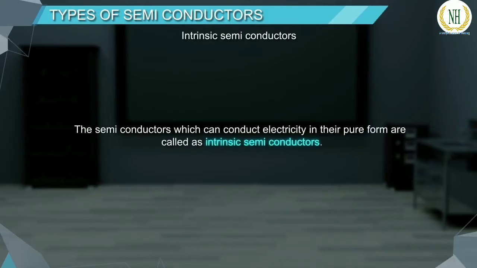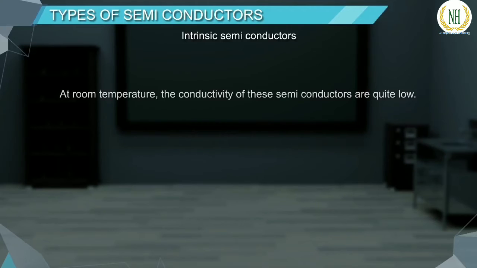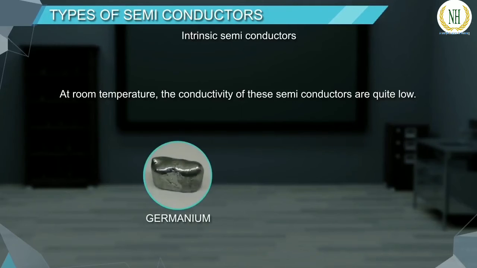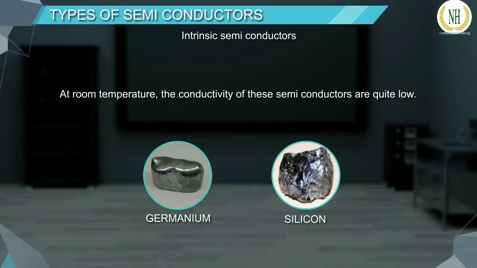The semiconductors which can conduct electricity in their pure form are called intrinsic semiconductors. At room temperature, the conductivity of these semiconductors is quite low. Example, germanium and silicon are intrinsic semiconductors.